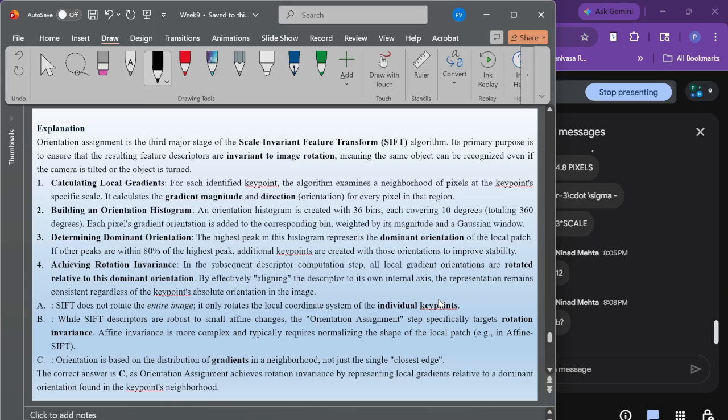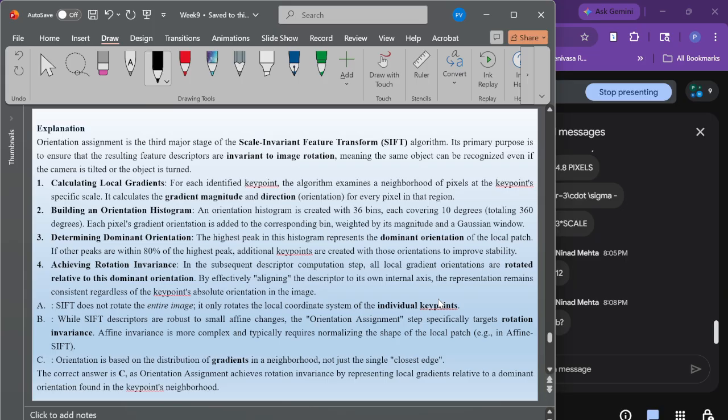The highest peak in the histogram represents the dominant orientation of the local patch. If other peaks are within 80% of the highest peak, then additional key points are created for those orientations to improve stability. Next is achieving rotation invariance. To achieve it, the subsequent descriptors are computed and all local gradient orientations are rotated relative to the dominant orientation.